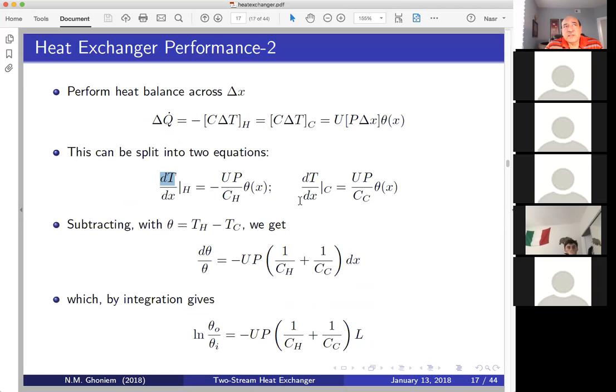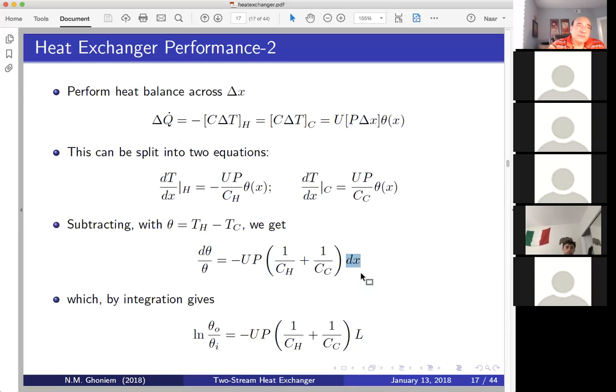And therefore, if we subtract left side from left side, right side from right side, then we get d theta, and then we take this capital theta, lowercase theta, and put it downstairs. So it'll be d theta by theta is equal to minus UP times 1 over C hot plus 1 over C cold dx. And that is the describing differential equation that tells us how theta behaves as a function of x.